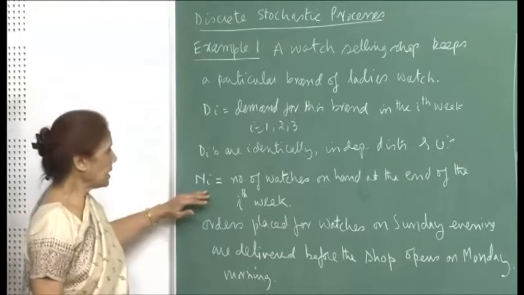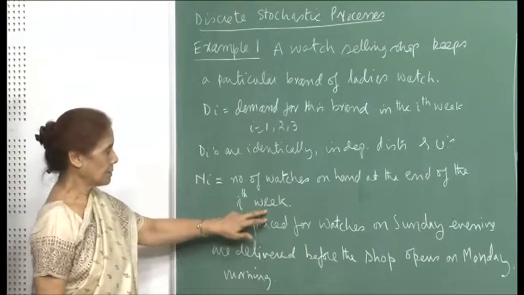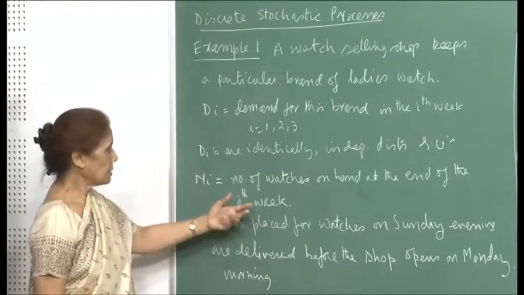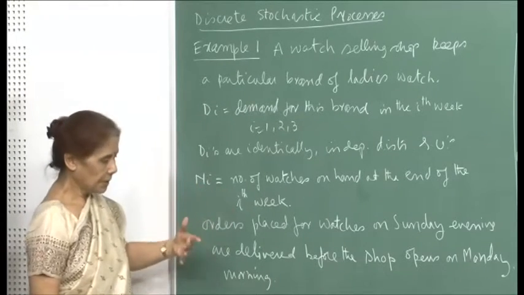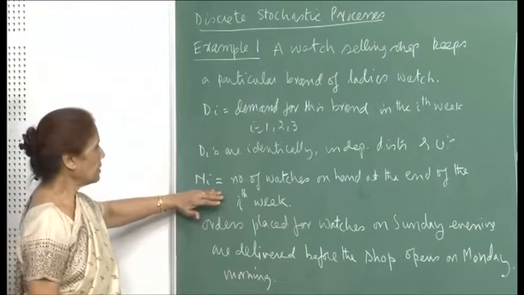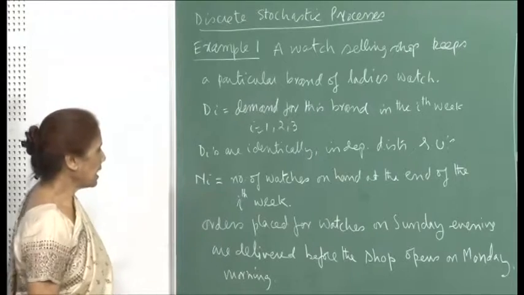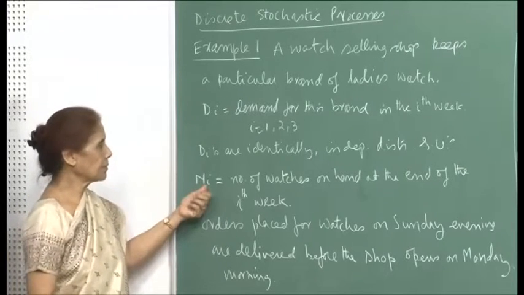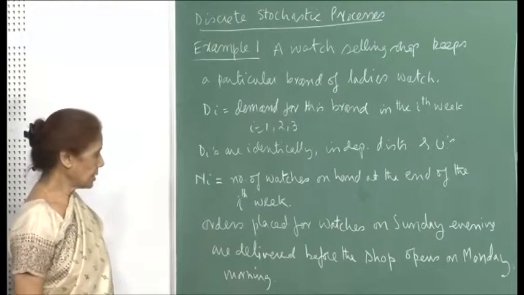Okay. Let Ni denote the number of watches on hand at the end of the ith week. So, let us say by Saturday evening the man takes stock of what he has on hand, and so Ni will be the number of the same particular brand of ladies watch. So, that means N1 at the end of the first week, N2 at the end of the second week, and N3 at the end of the third week.